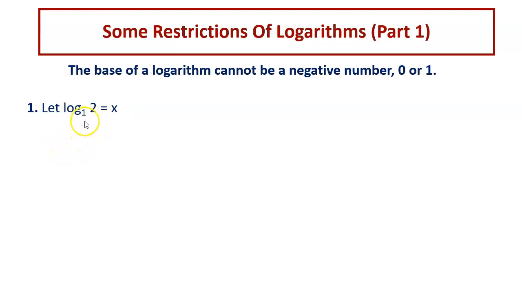The base is 1, the argument is 2, and the result is x. This will become the power in the exponential form, because for log form we have the BAP, and when changed to exponential form it becomes BPA, right?